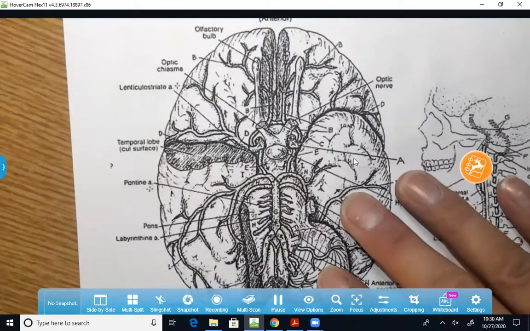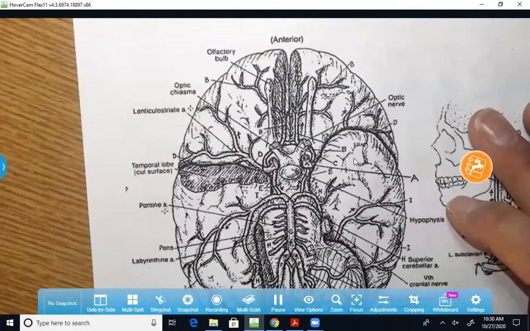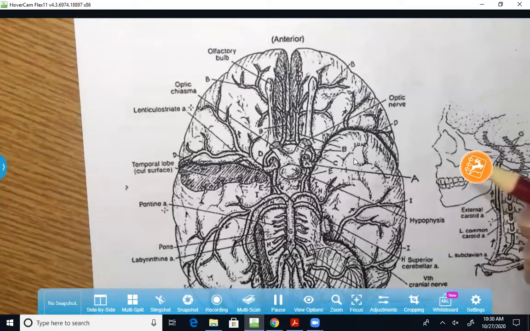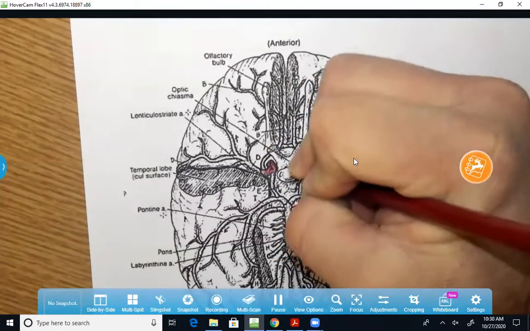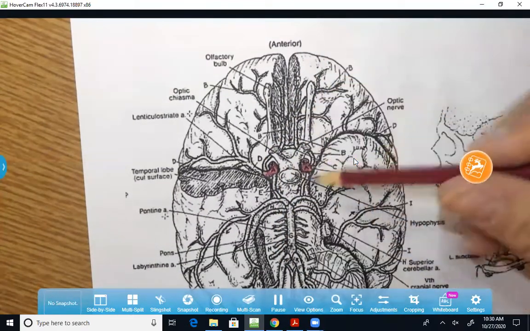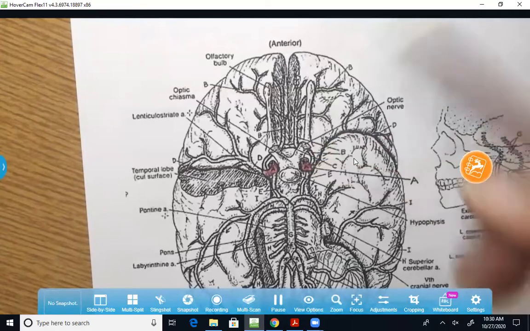Okay, now as far as the common carotid and the vertebral artery here, or excuse me, the internal carotid and the vertebral, looking at our picture, letter A on both sides of that optic chiasm is where it's at. It's really misleading, showing you there's not much to it, right?